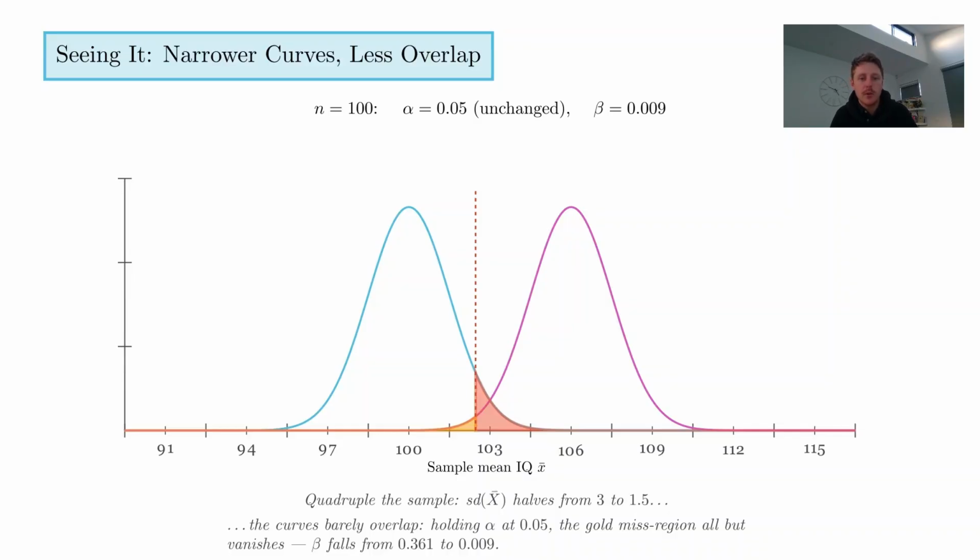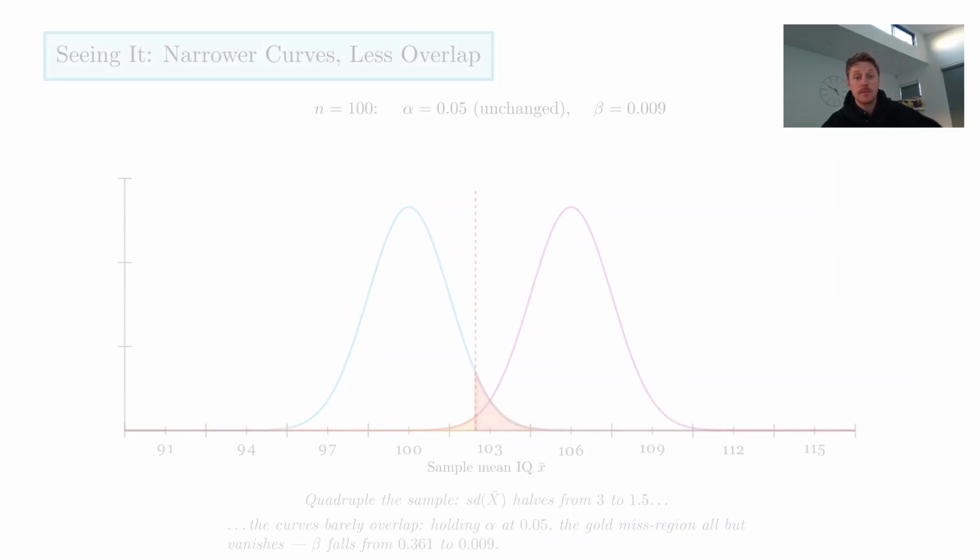So we're holding alpha at 0.05, the gold miss region all but vanishes, and beta falls from 0.361 to 0.009. So our chance of making a type 2 error is significantly decreased when we take larger samples. Remember, alpha stays unchanged because we have to decide, generally 0.05 is considered our acceptable limit for our p-value.